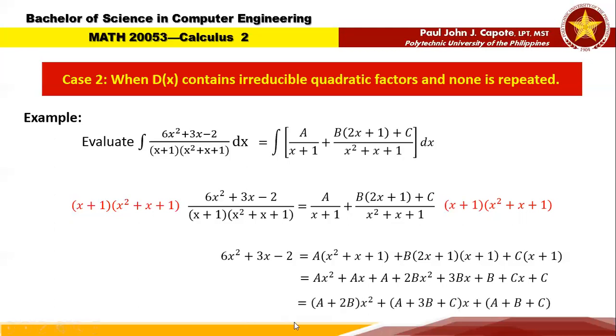So we get the quantity a plus 2b times x squared, since these terms are like terms, they are of the same degree, they are of the second degree, plus the quantity a plus 3b plus c times x, because these three terms from the previous step are like terms and they are of the same degree, plus the quantity a plus b plus c.